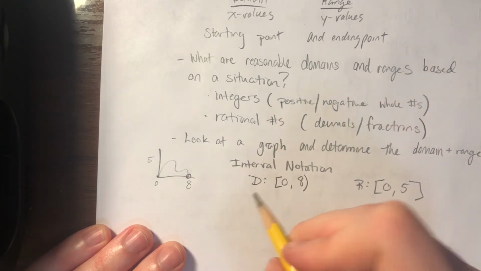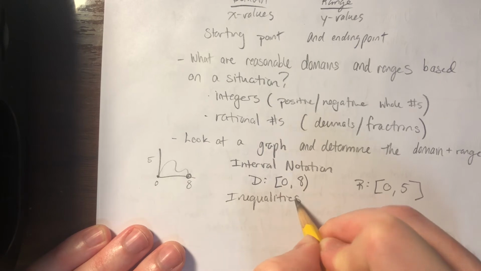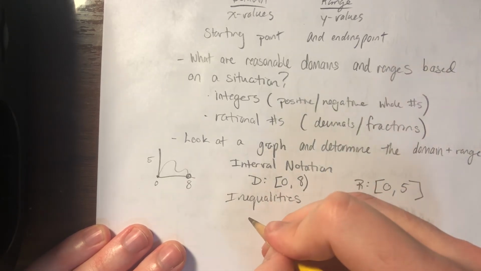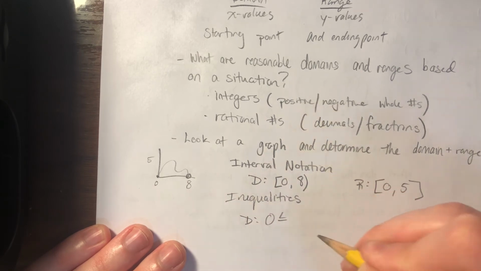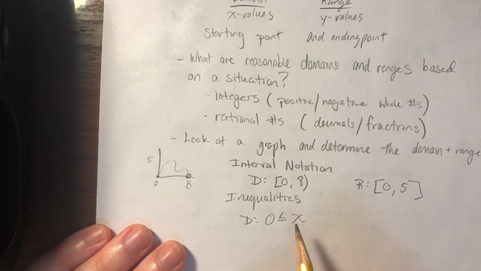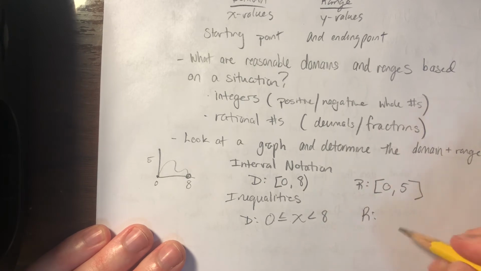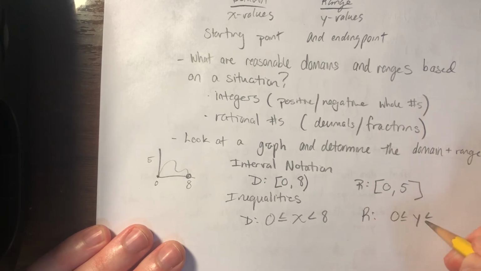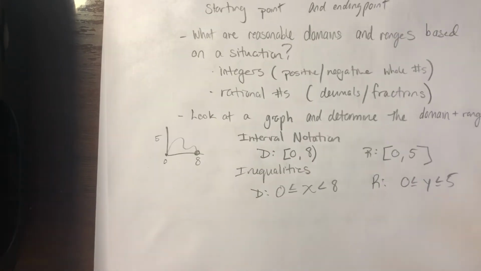Also know how to do that with inequalities. So if I'm talking about my domain, I know that I can equal 0, but I'm going to be above it. So 0 is less than or equal to x, or x is greater than or equal to 0, and it's just going to be less than 8. For my range, similar idea. So you need to be able to write it like that.